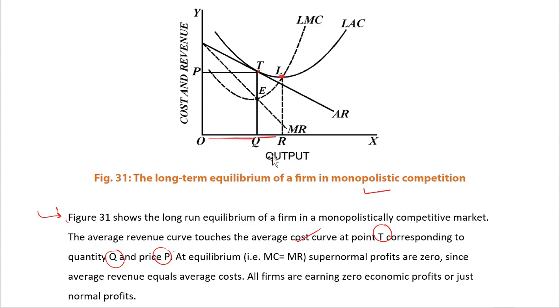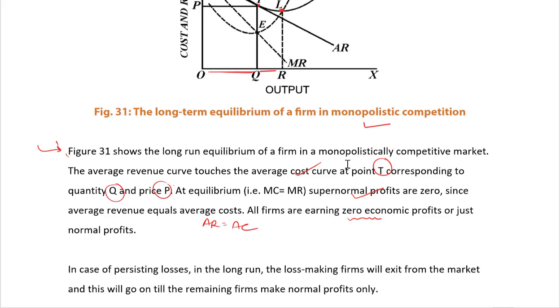At equilibrium, MC equals MR. So this is MR and this is LMC, the long run marginal cost curve, which depicts that supernormal profits are zero, and since the average revenue is equal to average cost, all firms are earning zero economic profits or just normal profits.